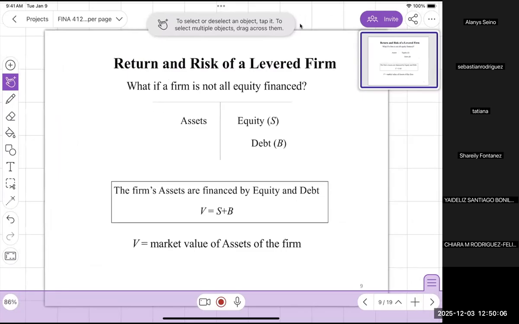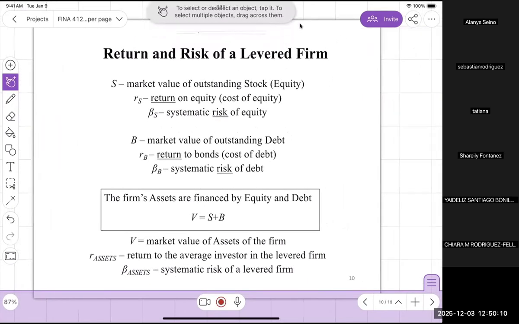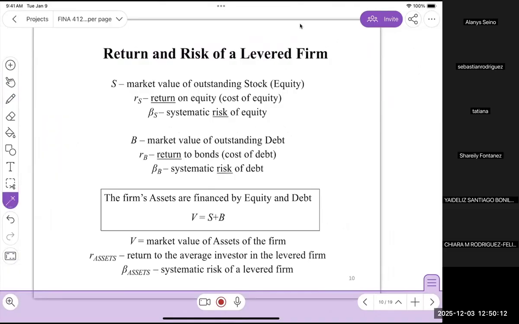It's justified and rational. There is a rationale for taking on debt. So here we have just some symbols. S is the market value of outstanding stock, where RS is the return on equity or the cost of equity. Beta S is the systematic risk of equity.